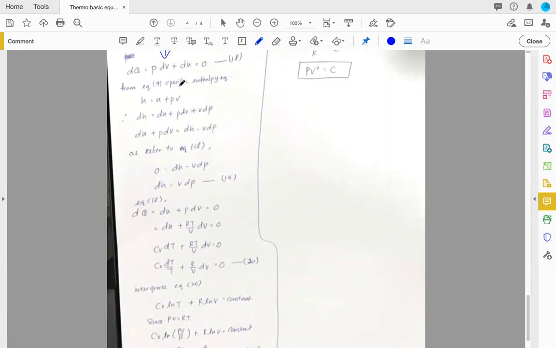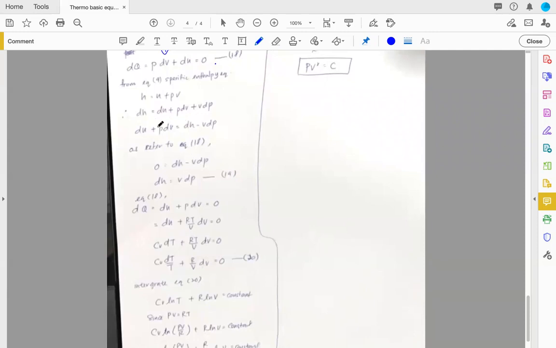And then we refer back to this equation. Equation 18 says P dV plus dU equals 0. In other words, this equation is 0 equals dH minus V dP.